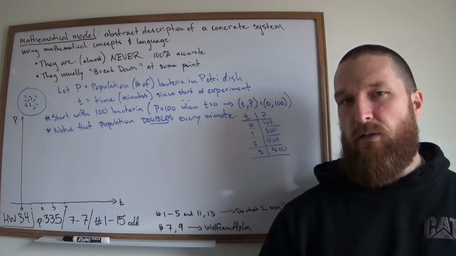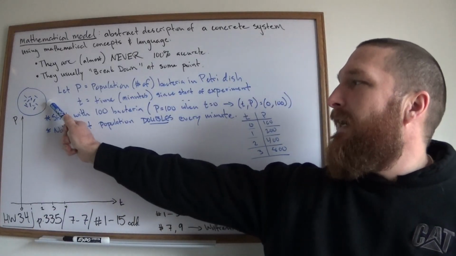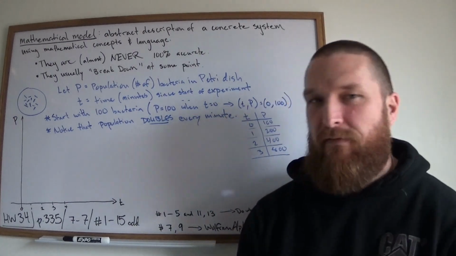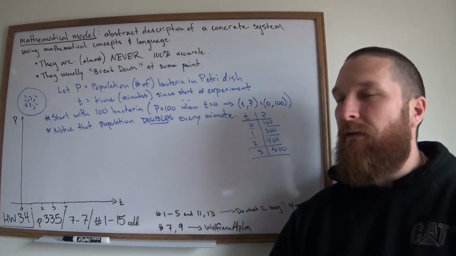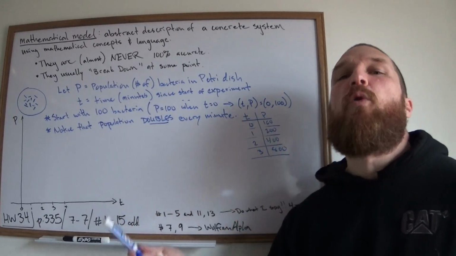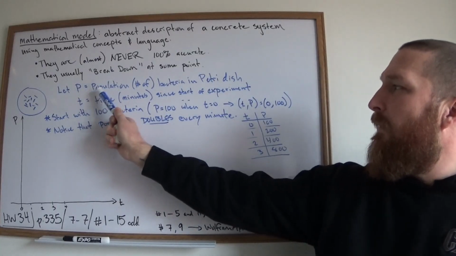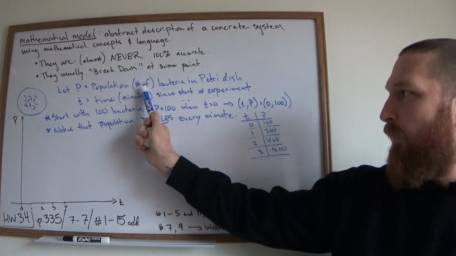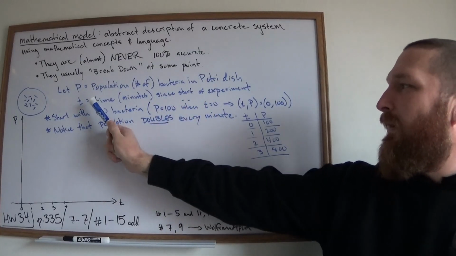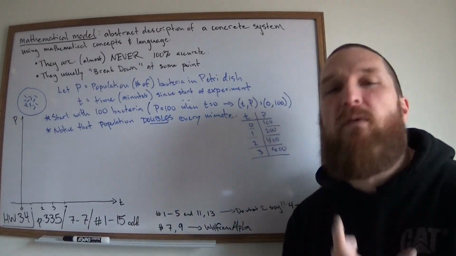Let's say you're a biologist and you're studying certain bacteria in a petri dish, and you want to make a mathematical model of the population of bacteria in the petri dish and how it grows. Okay, so we're going to let capital P be the population, that is the number of the bacteria in the petri dish, and we're going to let T be the time in minutes since the time you start your experiment.